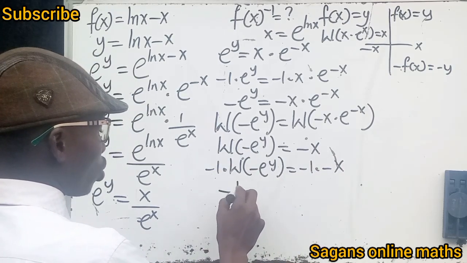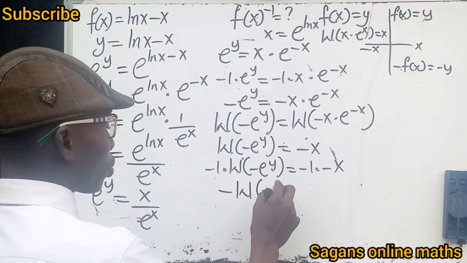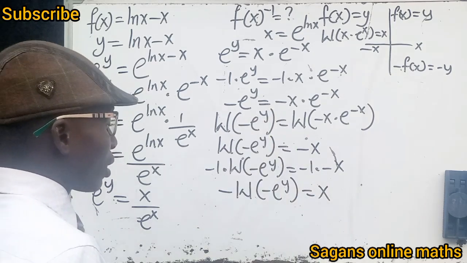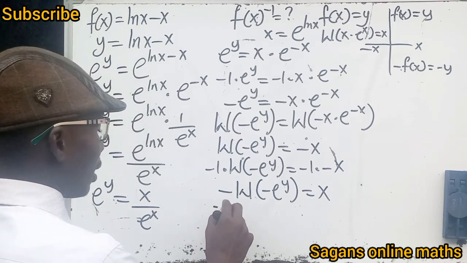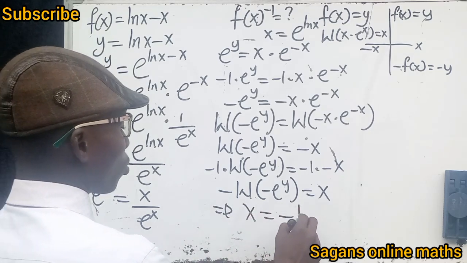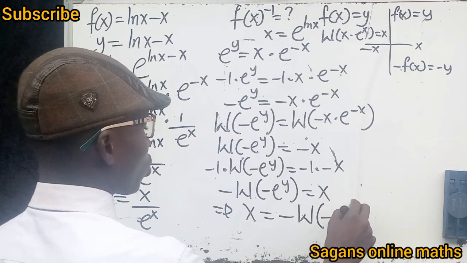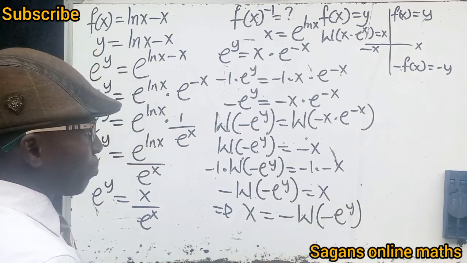So now see that minus the W function of minus e raised to the power of y is equal to x. Wow, that's good. This implies that x is equal to minus the W function of minus e raised to the power of y.